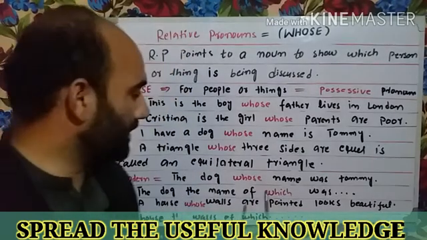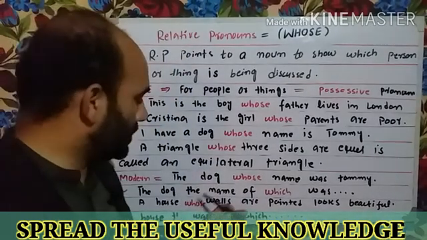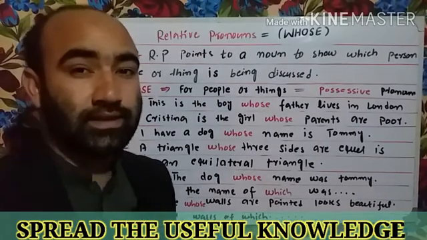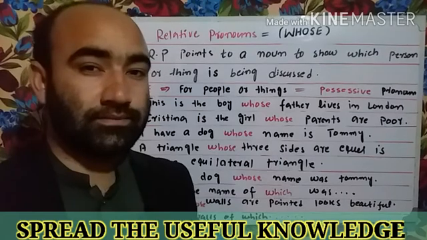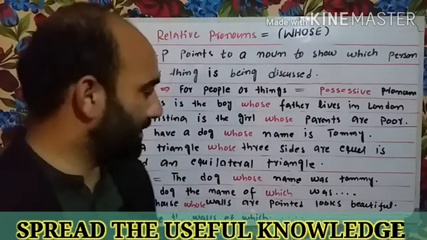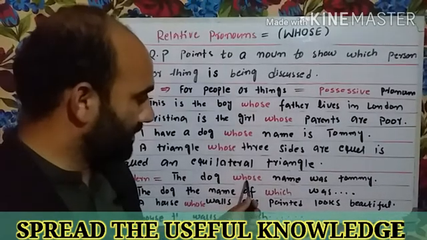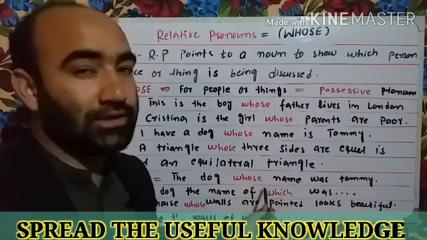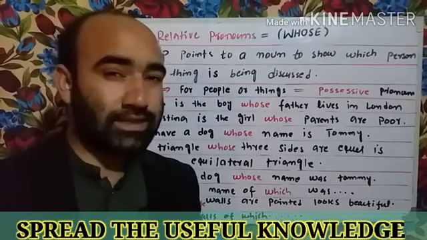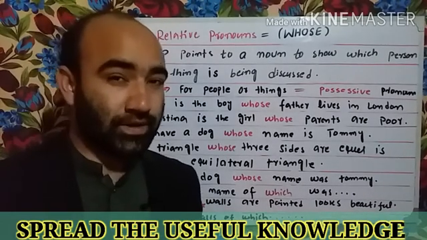Now look here. The dog, the name of. With non-living things, we cannot use the apostrophe.